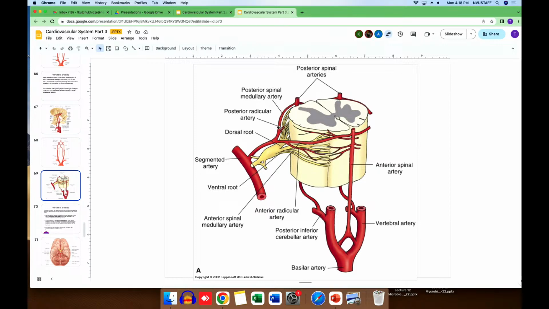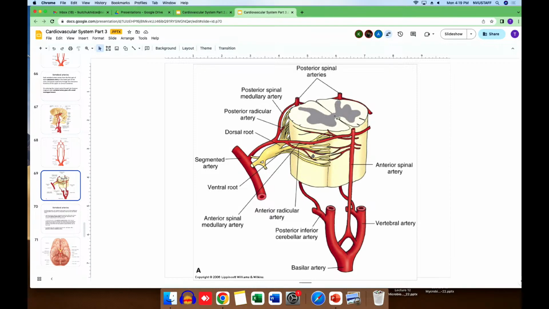So in the communication of our posterior medullary artery and anterior medullary artery, a segmental artery is created, right? We also have radicular arteries, and radicular arteries are the ones that are branches of our, let's say, anterior and posterior spinal artery.